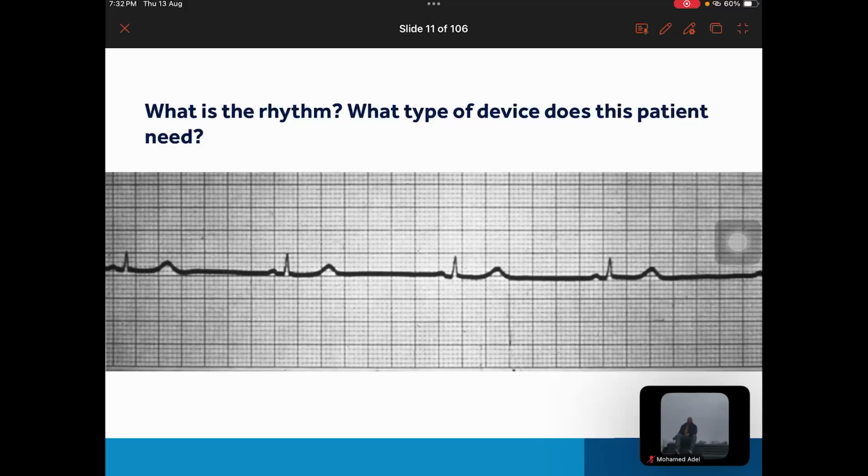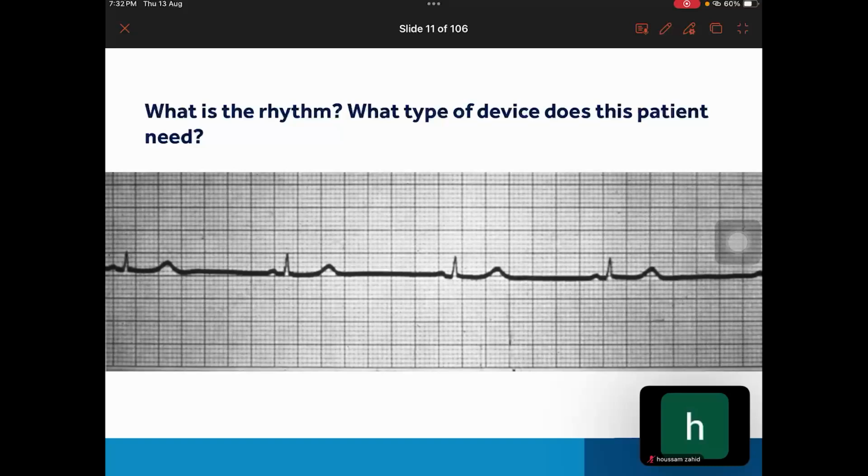If I put in a dual chamber pacemaker, what mode will you activate? AAIR versus DDD. But here the PR interval is normal, so we don't need to give him RV pacing. He doesn't need it, so we will activate AAIR mode versus DDD.